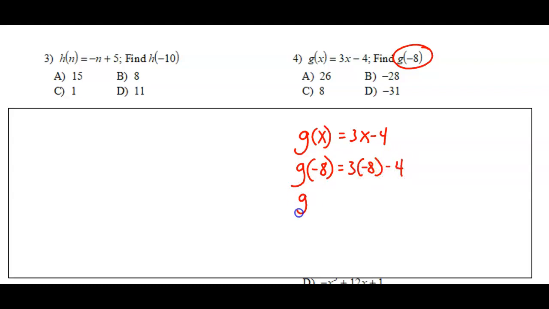And from there, we're just going to simplify it. -8 times 3 is -24. And -24 take away 4 is -28. And so g of -8 is equal to -28 as a final answer there.